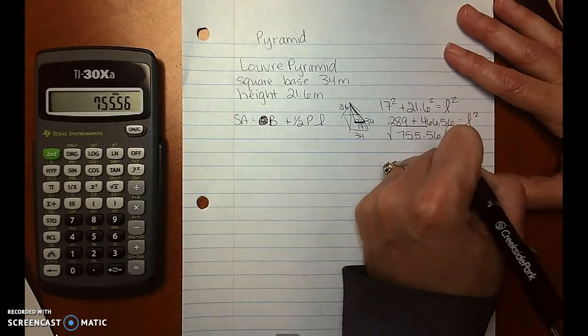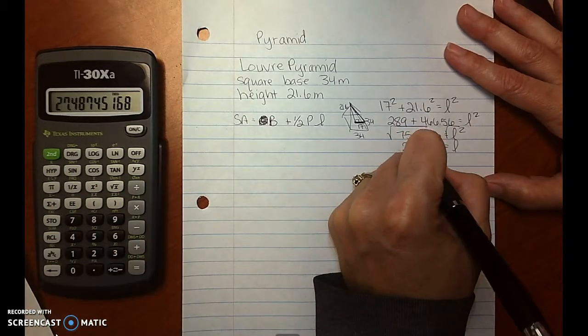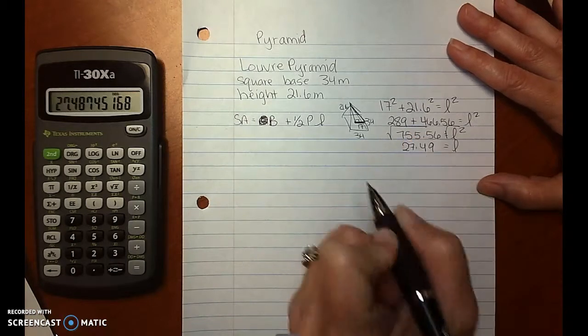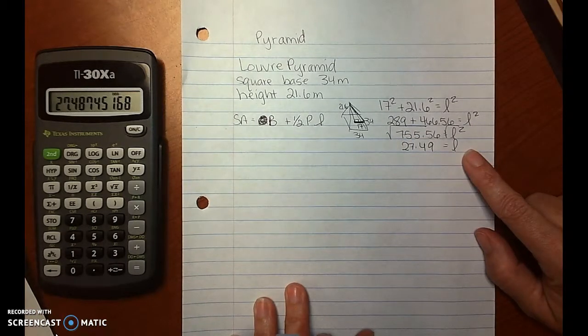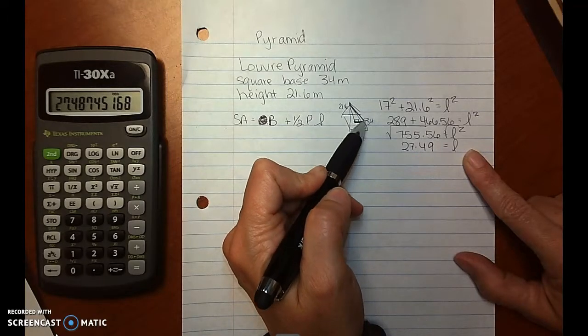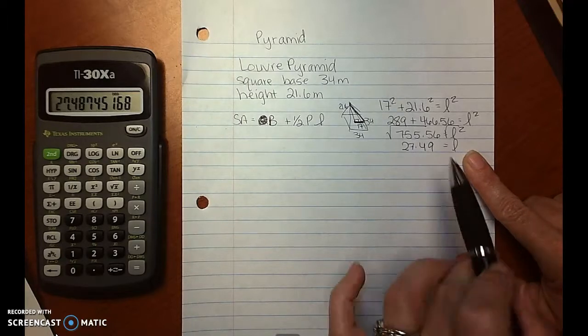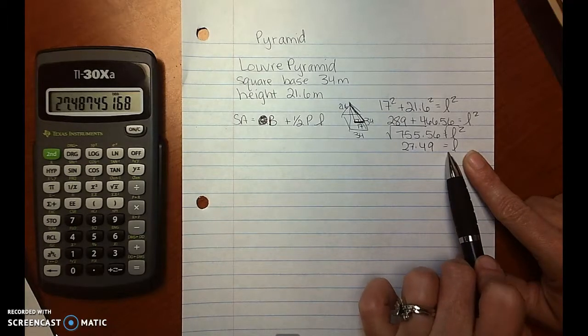And then I'm going to take the square root to get my slant height. And that gives me 27.49, and I am rounding to my hundredths place. So that's my slant height. That is how long my triangle is for the pyramid. And that has to be calculated using Pythagorean theorem.